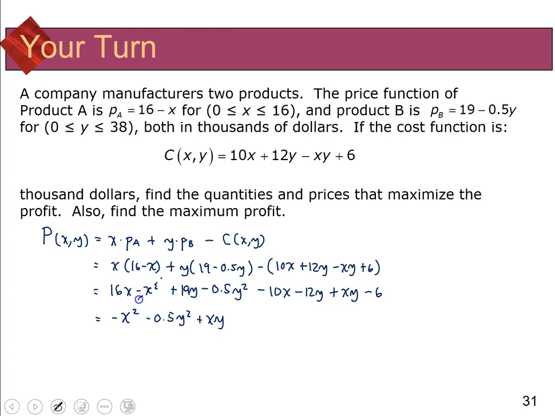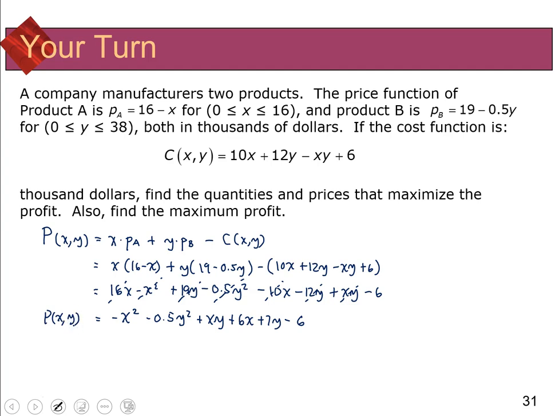That takes care of this one and this one. 16x minus 10x is a positive 6x, so plus 6x, which takes care of these two. 19y minus 12y becomes a plus 7y, which takes care of these two. And a minus 6. So that is my profit function in terms of x and y.